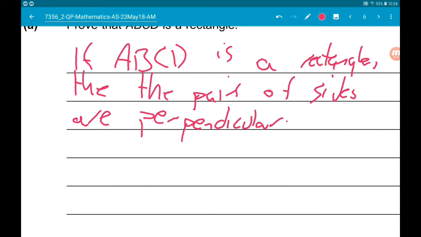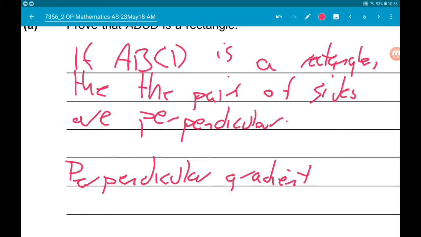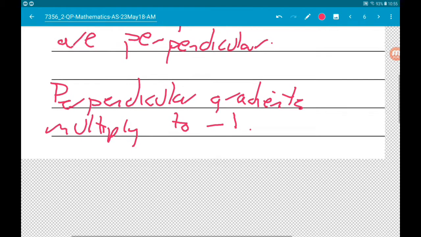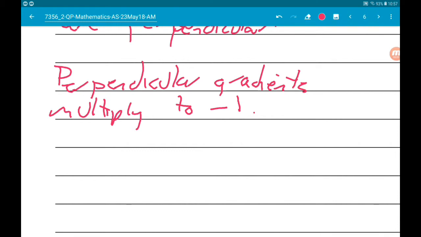Now, perpendicular gradients multiply to -1. So, if we multiply our two gradients together, so the -5 halves times 2 fifths, we do indeed get -1.